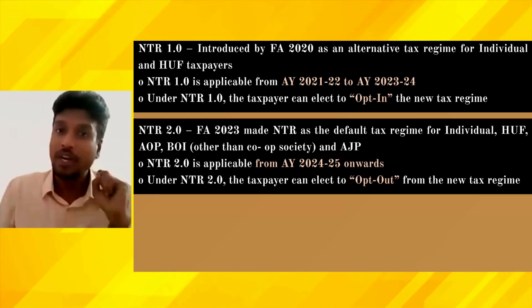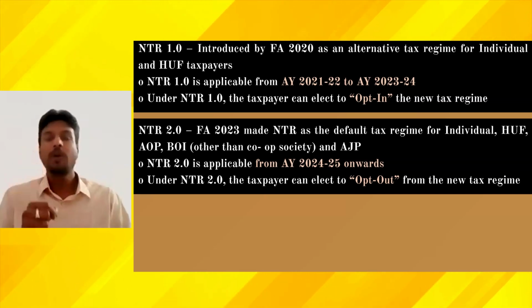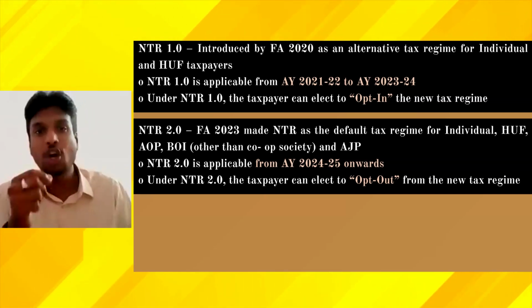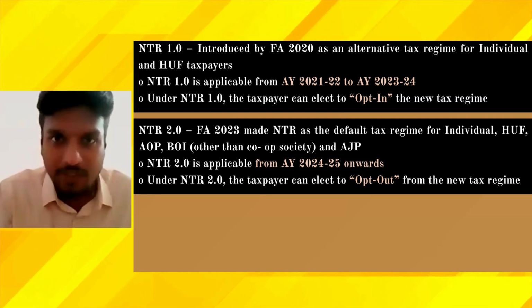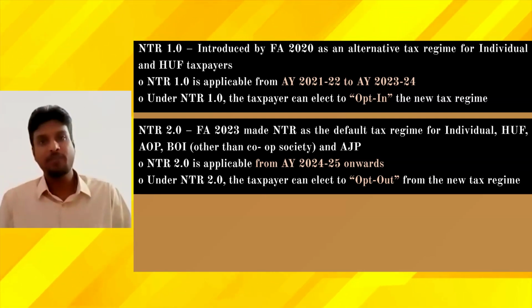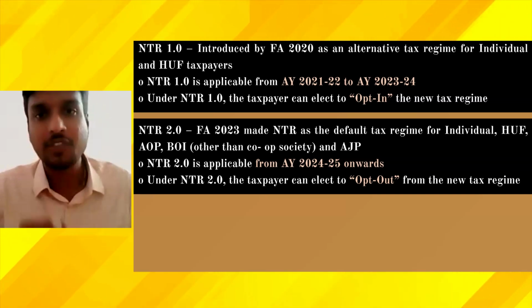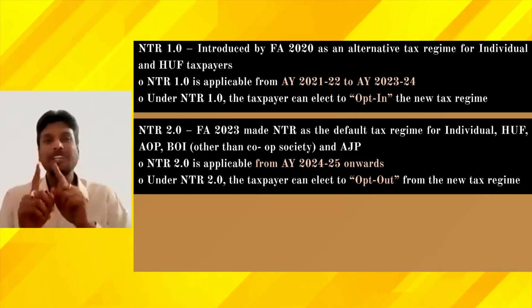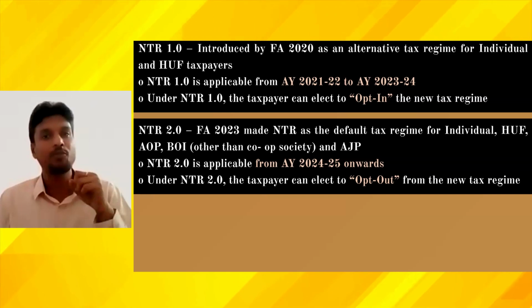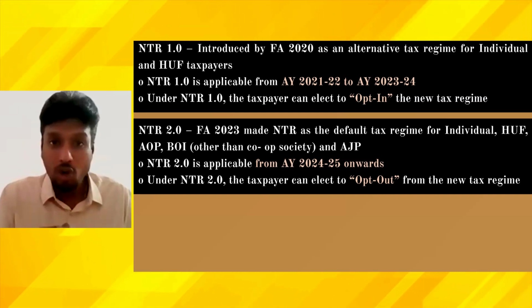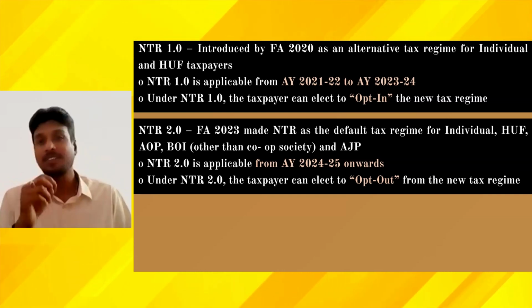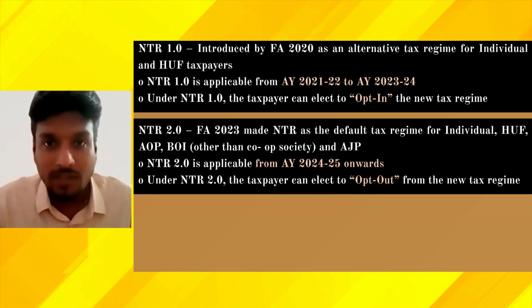Earlier, it was applicable to individual and HUF. Now, it extends its applicability, not only restricted to individual and HUF, but it further goes on to give the benefit to the association of persons, body of individuals, and artificial juridical persons. So this is one amendment that they have made from 1.0 to 2.0. Further, new tax regime 2.0 is applicable from assessment year 24-25 onwards.